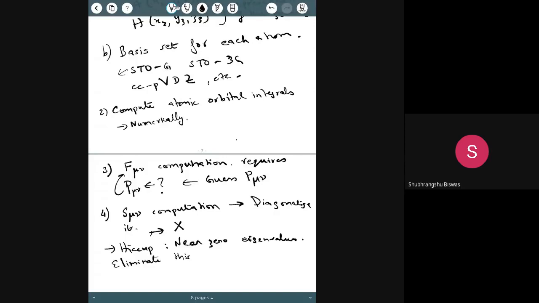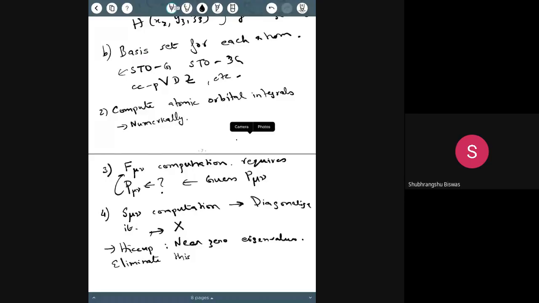So after the S mu nu computation, we will diagonalize it to get this transformation matrix X. But we can encounter a problem here, which is that my eigenvalues can become close to zero.